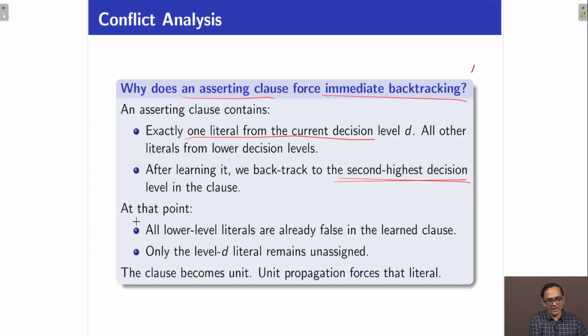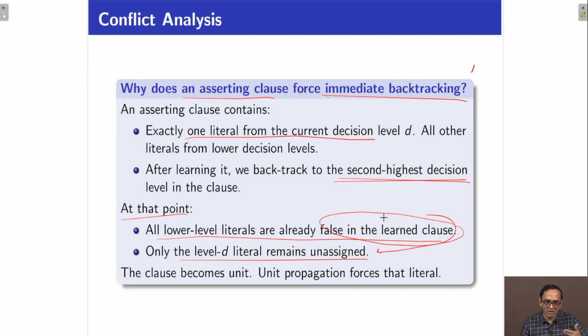So, that is what I am saying, that at this point all lower level literals already have some false values, the negation of these values. So, only the level D literal remains unassigned. So, immediately these values will be applicable and BCP will work, and finally it assigns the value to this new literal, right. So, that is why the asserting clause ensures that BCP occurs, right. I will show you with an example also.